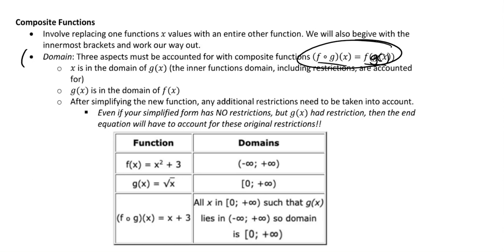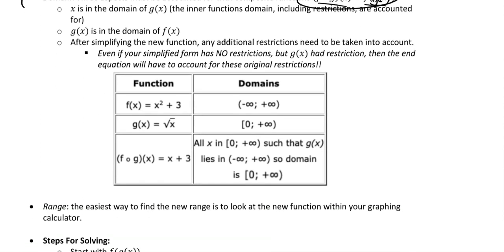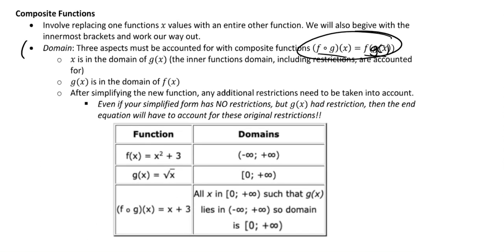Then, looking at the domain, we have to consider the domain of g of x, because if there's some number that isn't allowed for g of x, then that number is not going to be allowed for the new function f of x. It has to be allowed in the inside one to be allowed in the outside one as well, if that makes sense.